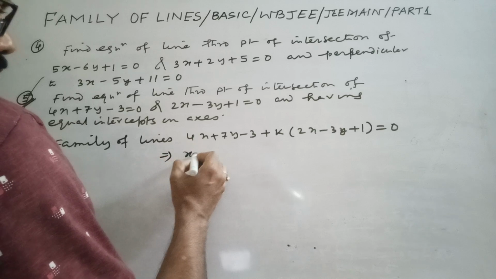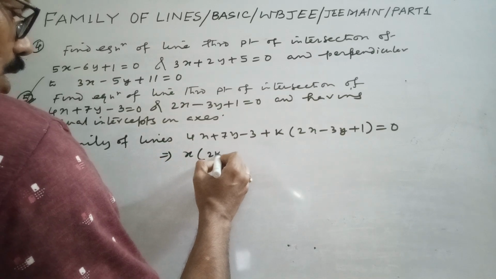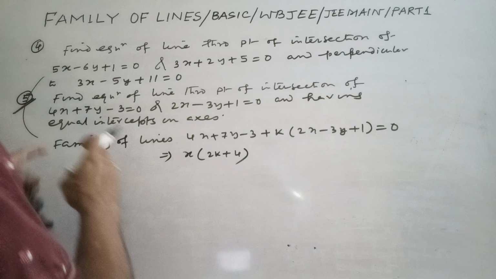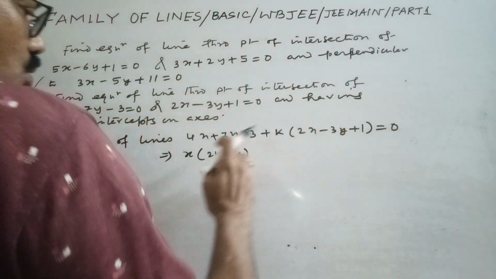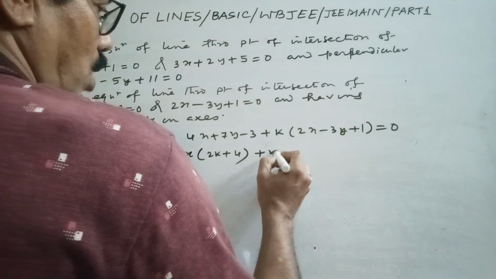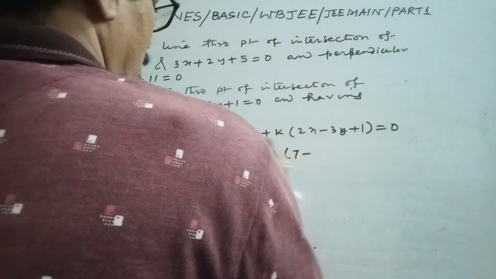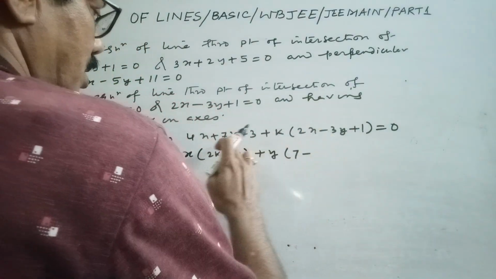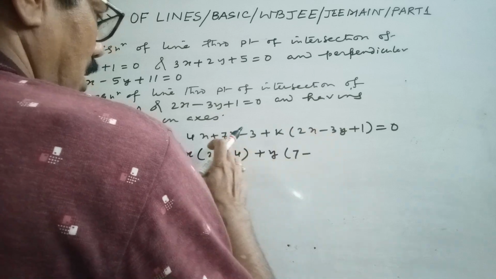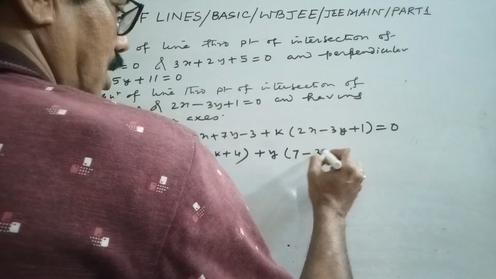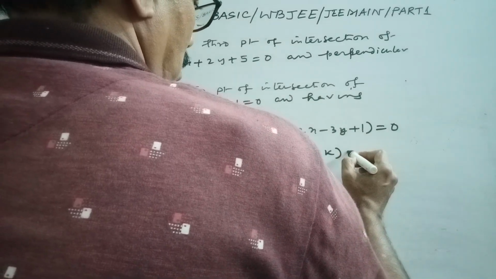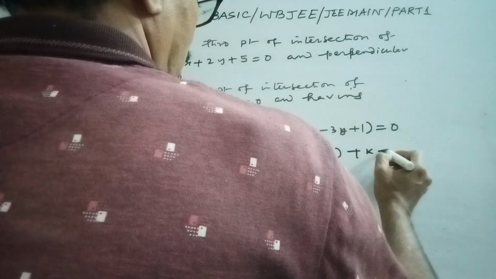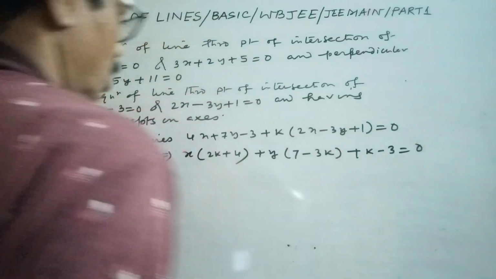So x common 2k plus 4, y common 7 minus 3k, and k minus 3 equals 3.